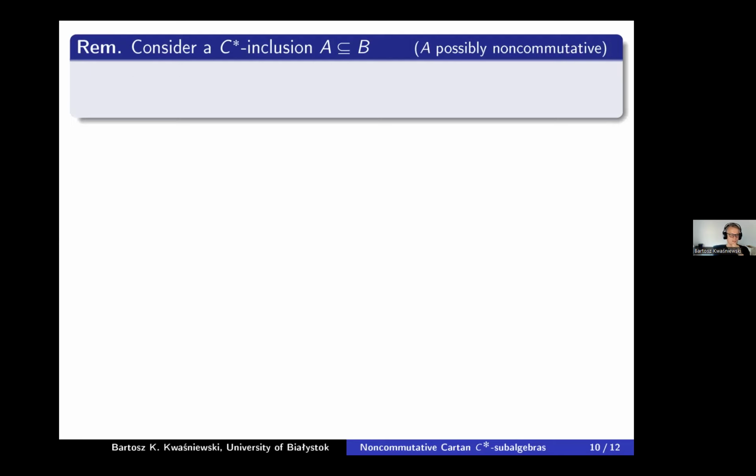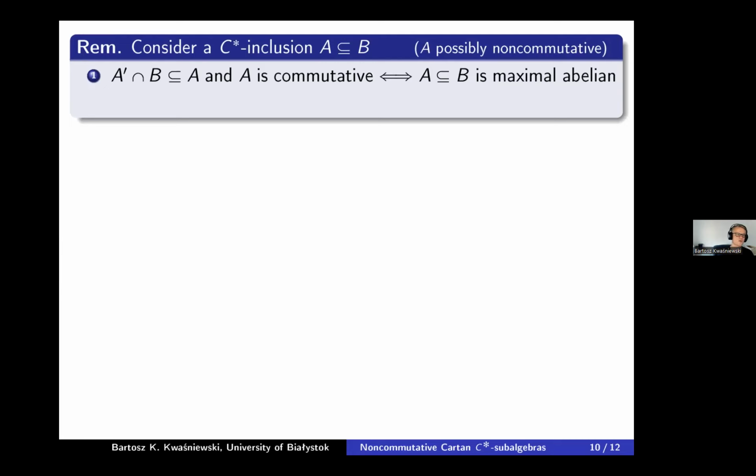So I want to get to Ruy's definition of non-commutative Cartan subalgebra. The original definition was that A was a maximal abelian subalgebra, and Ruy's way of thinking was that this maximal abelianness can be characterized using commutants like this, so that the commutant of A in B is contained in A, and A is commutative.